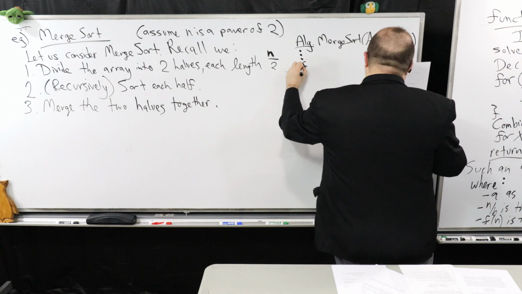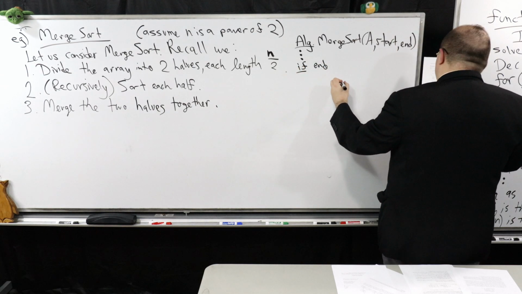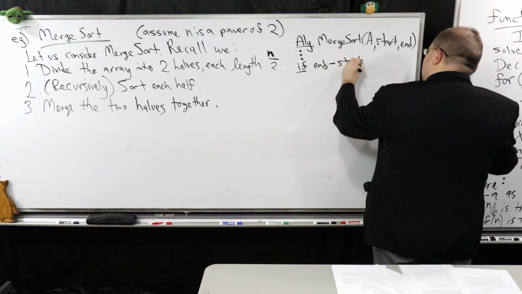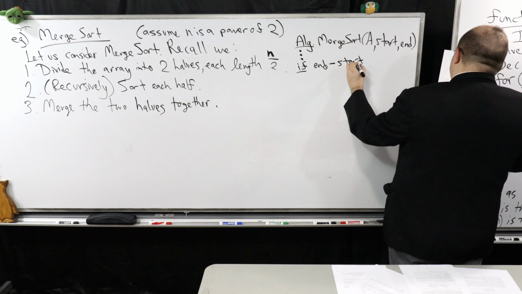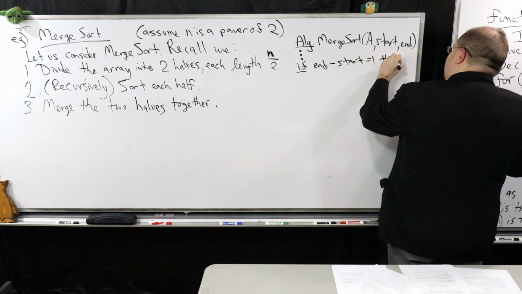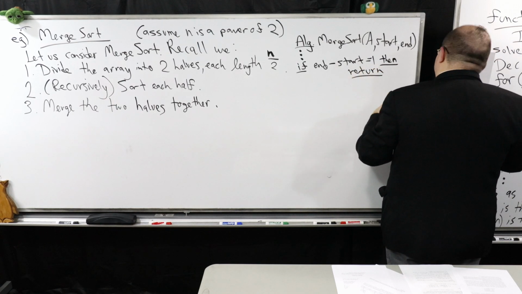So first we check if, in fact, n. Now there's several ways you can cast this description. I'll just cast it like this deliberately to fit the form. If n minus start is equal to 1, then we're just going to return, meaning that we don't have anything to do.